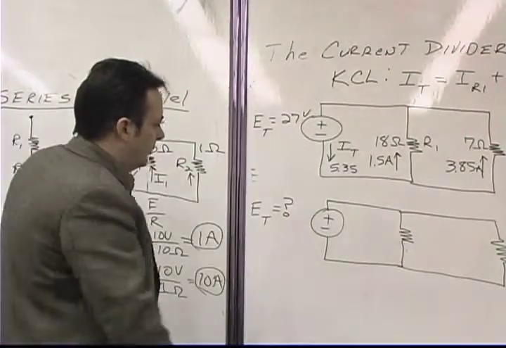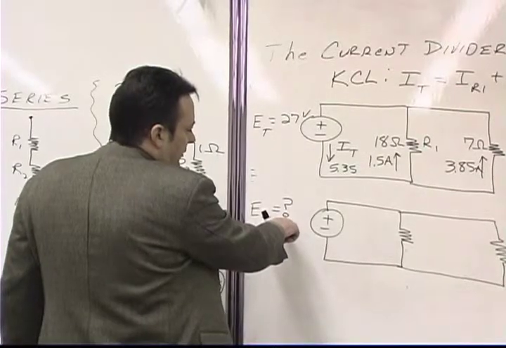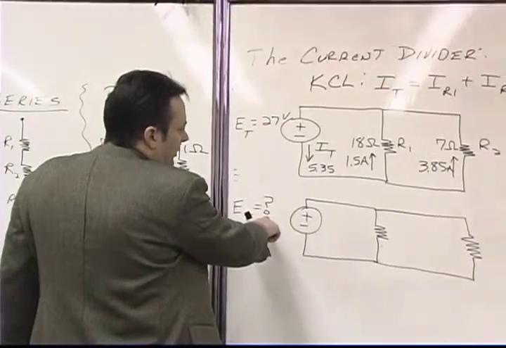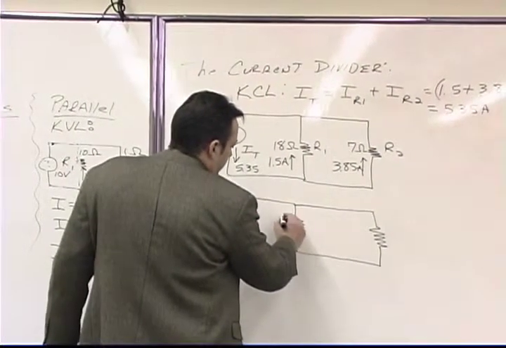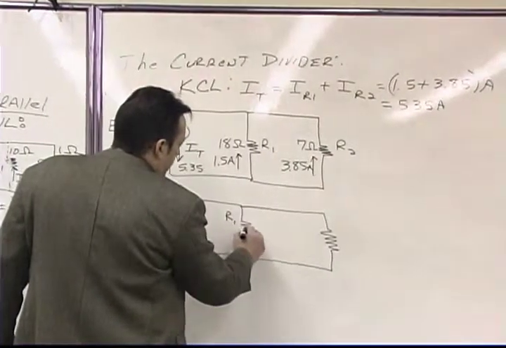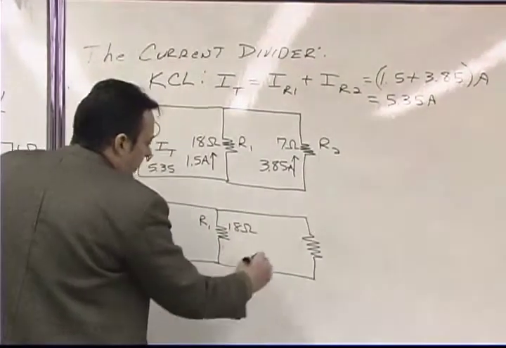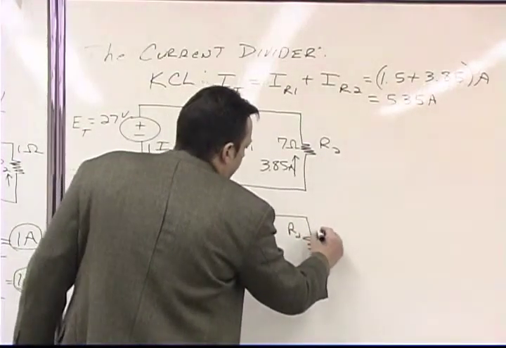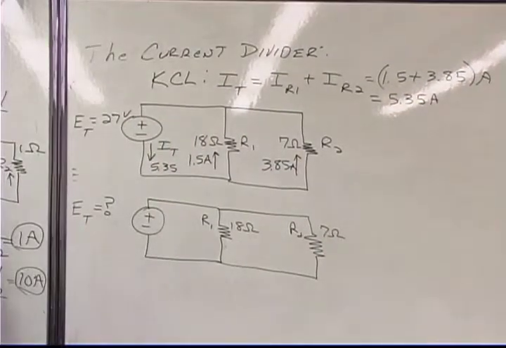And I'll do it to you to get you ready. Okay? They won't tell you what the current is or what the voltage is here. But what they will do is they will tell you what the resistance is for resistor 1. So resistor 1, they'll tell you that guy's 18 ohms. And for resistor 2, they'll tell you that guy is 7 ohms. Okay? So they'll give you that information.